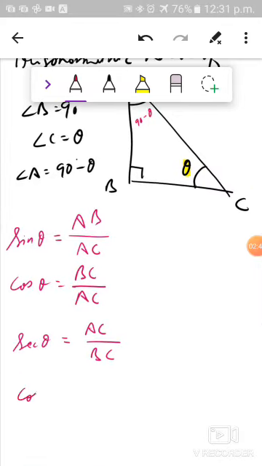Cosec theta is the ratio of hypotenuse and perpendicular, and also we can say it is the reciprocal of sin theta. So we can write AC by AB.